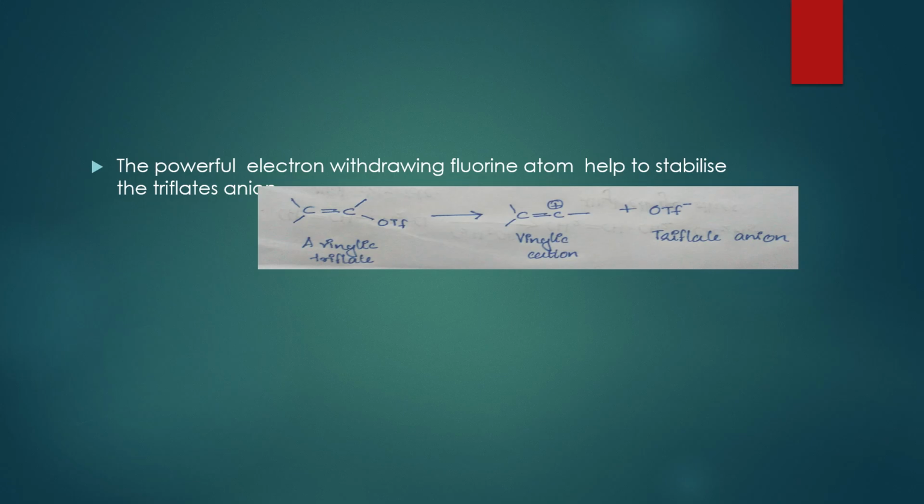Once this bond has been broken, the carbocation, as it is highly unstable, is in need of one more pair of electrons. It will try to attain that pair of electrons anyhow. So even a weak nucleophile can immediately combine with the carbocation to give the substitution product. That is how substitution in a vinylic substrate is carried out. Thank you.